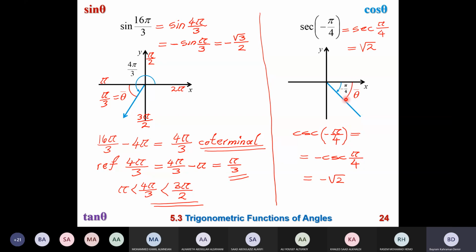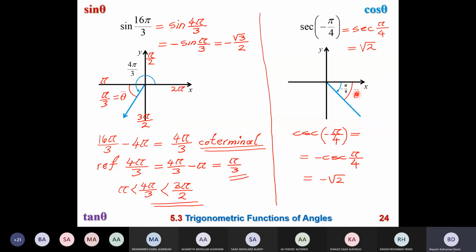But the reference of the negative angle is a positive angle. The reference is always a positive angle. We do not use the direction for the reference angle. So the reference of negative pi over 4 is pi over 4.